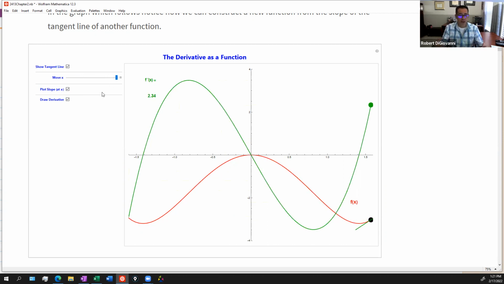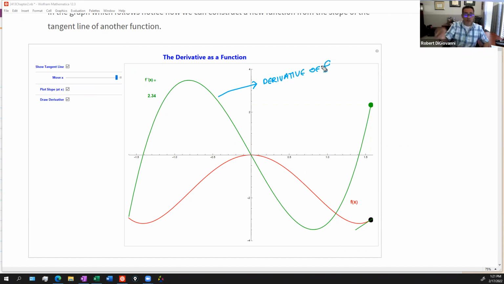That green function represents what is happening to the slope of the red function at every point in time, or every point on the x-axis. That makes sense or not? This green function is called the derivative of f.